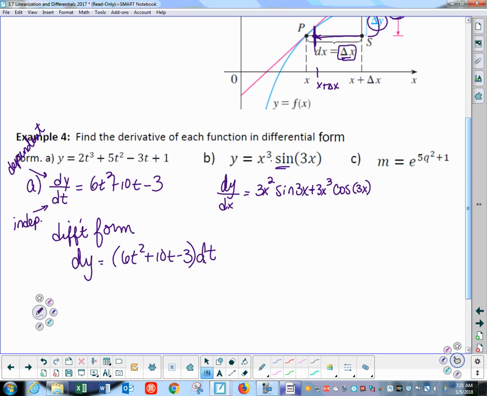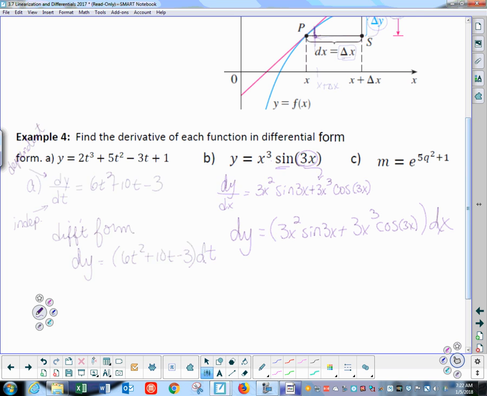Derivative of sine gives me cosine. Derivative of the inside gave me the 3. To put it into differential form, I'd have dy equals 3x squared sine 3x plus 3x cubed cosine of 3x, all of this times the differential x.